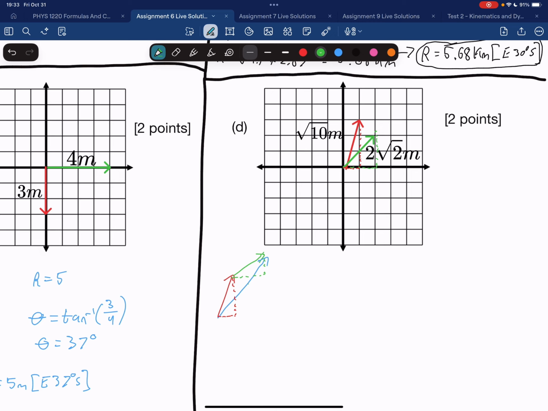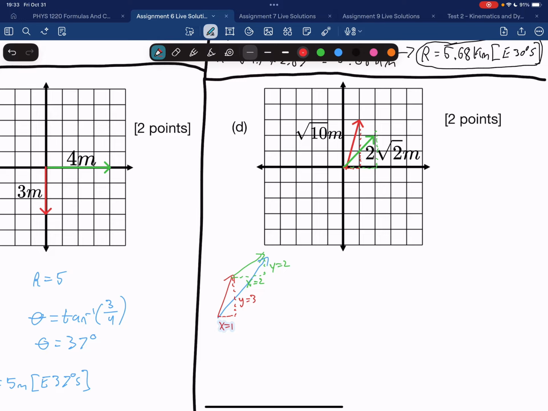I know that the green x is equal to 2 units, and the green y is equal to 2 units. I know that the red x is equal to 1, and the red y is equal to 3. And these are the components.